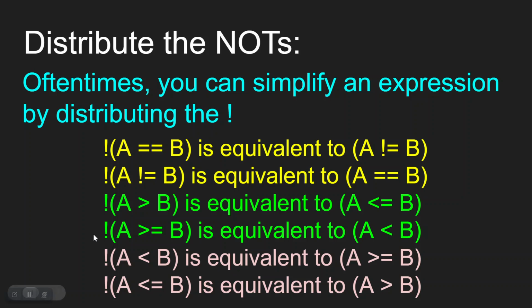Same thing down here, if you say not (A is greater than or equal to B), that's the same thing as saying A is less than B. Because again, if A is not greater than or equal to B, that means A must be less than B. And then same thing down here, not (A is less than B) is equivalent to A is greater than or equal to B. And finally, not (A is less than or equal to B) is equivalent to A is greater than B.